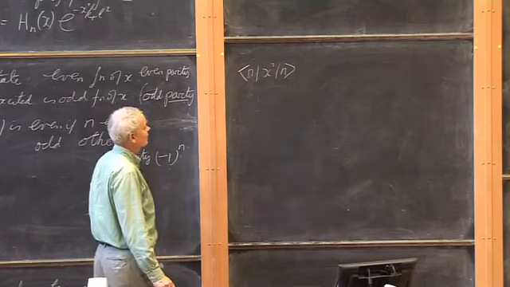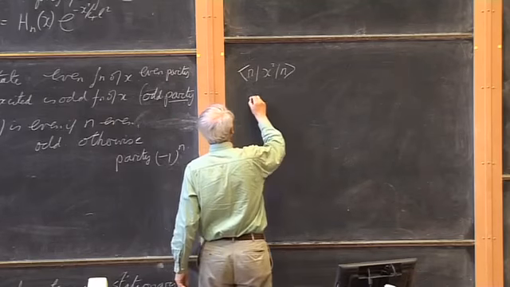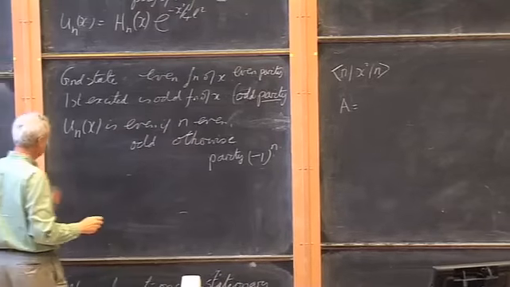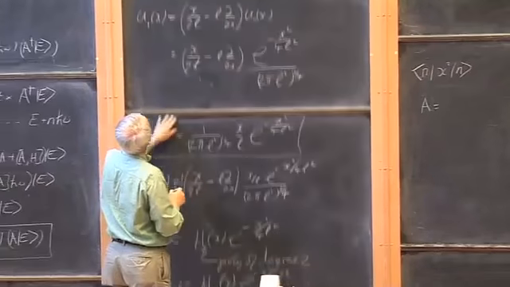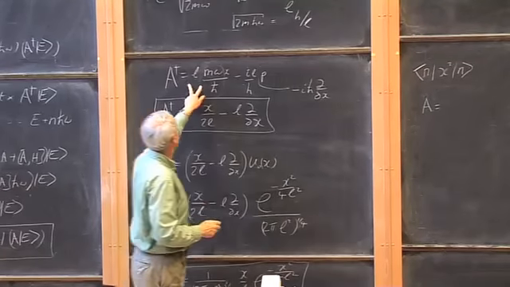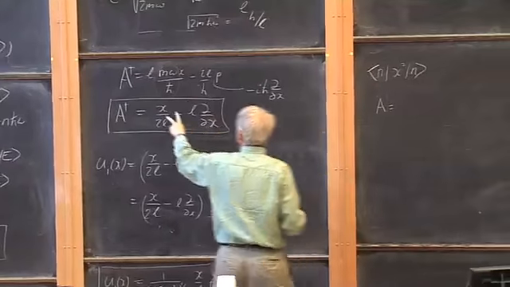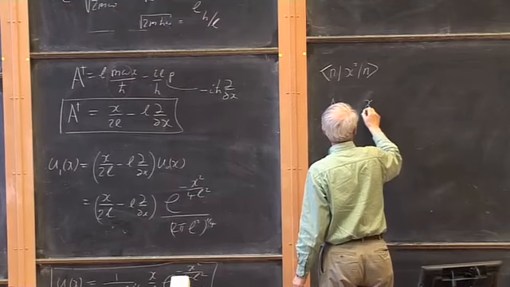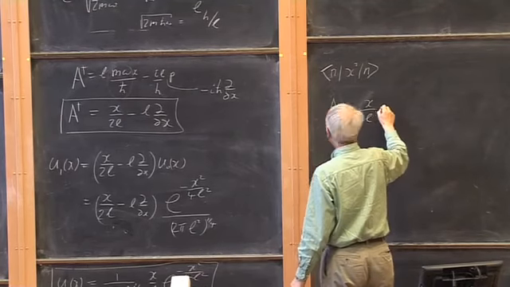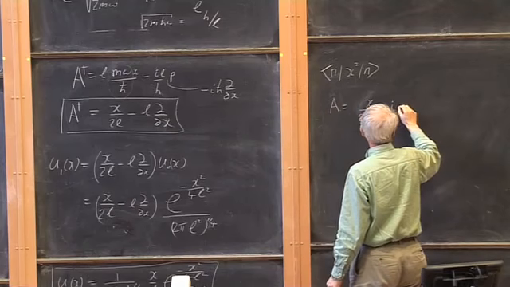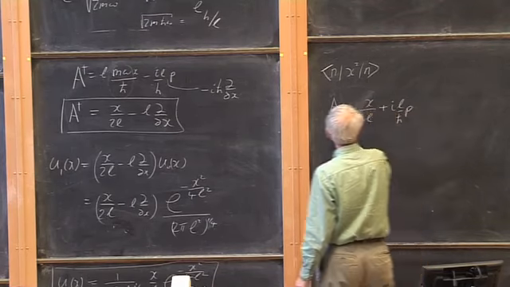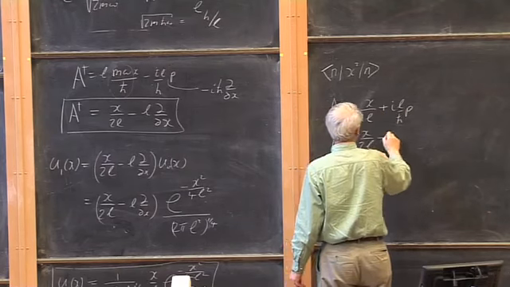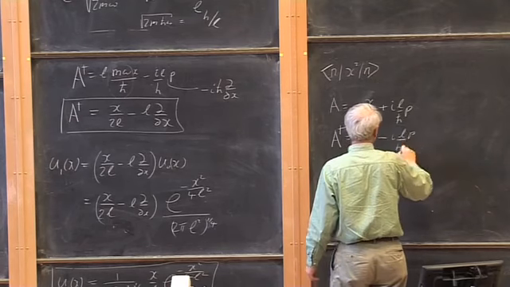Now, how do we work this out? What we do is we observe that A, now we had A dagger. We went to some trouble. Here we go. A is going to be x over 2L plus i L upon h bar p, and A dagger is x over 2L minus i L p over h bar.